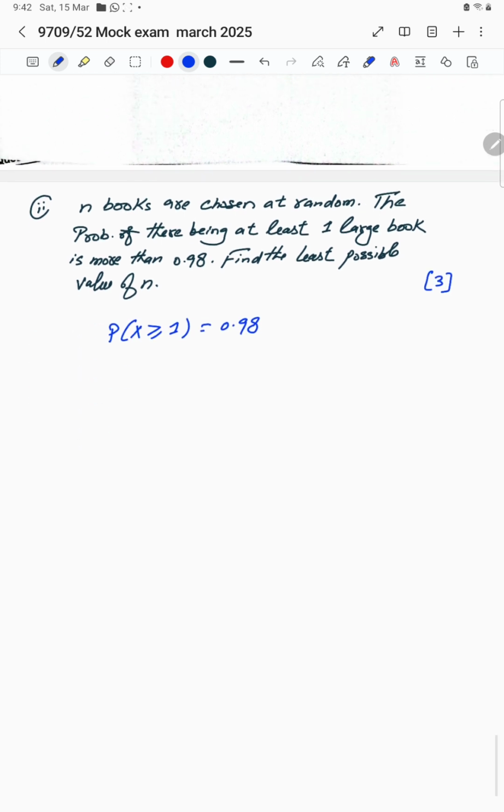Okay, and same case, we have to find n, the least possible, meaning the smallest value of n. So from the table, probability of x is greater than or equal to 1 will be 1 minus probability of x equal to 0, right? We can do this.